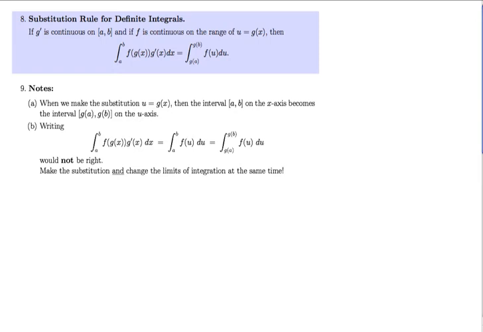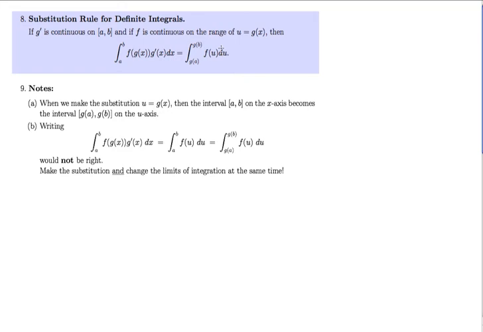Okay, so now let's look at the definite integral and see how we can use substitution to answer questions regarding definite integrals. If g prime, so the derivative of g, is continuous on [a, b] and f is continuous on the range, then that's, again, just conditions to make sure the integrals we're talking about exist. The meat of this theorem is really right here, that the integral from a to b of f of g of x times g prime of x dx can be obtained through a substitution, so by putting everything in terms of u.